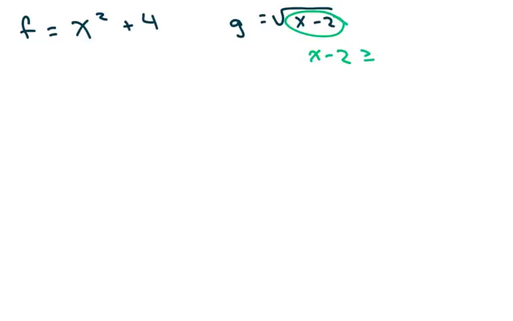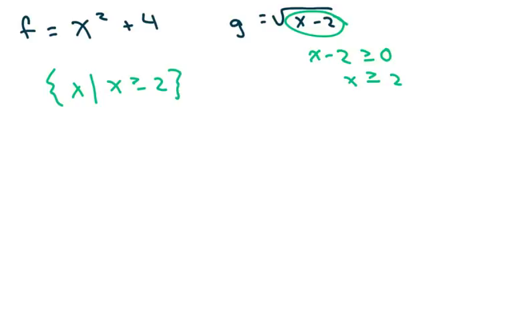All right, and the last one we have is very similar. So we have x squared plus 4, that's your f. And your g is going to be square root of x minus 2. And we set that to greater than or equal to 0, so x has to be greater than or equal to 2. That's your domain for g.